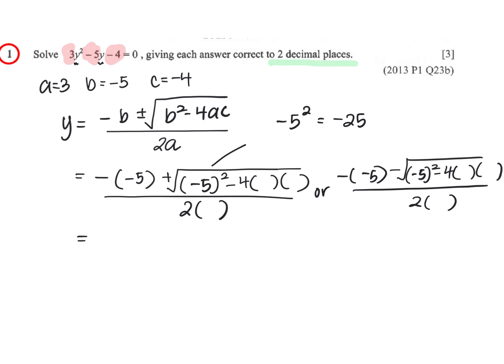So it will give you -25, which is actually wrong. So in your calculator, you must key bracket -5 whole thing squared. Then this one will become +25. Something to take note of. So it's very safe for you to put brackets first. b squared minus 4ac.